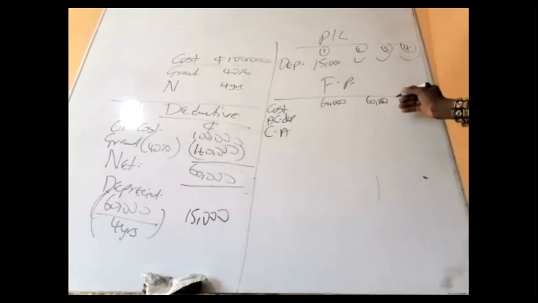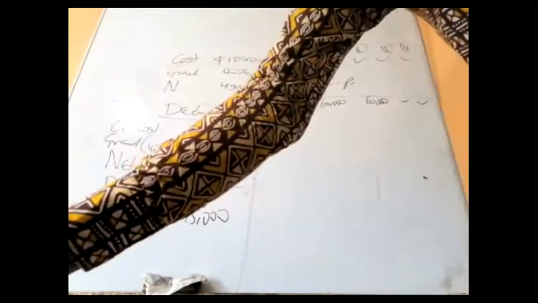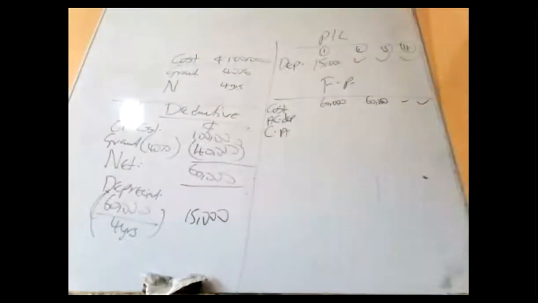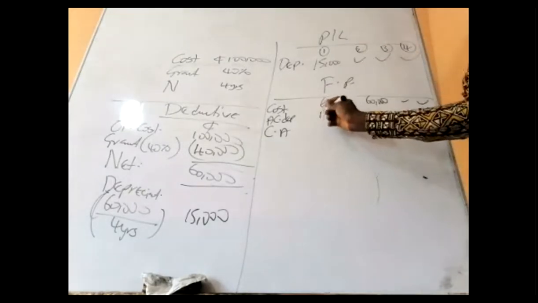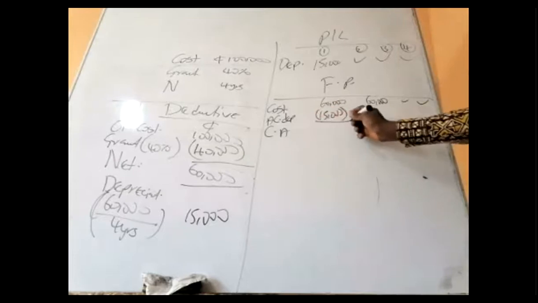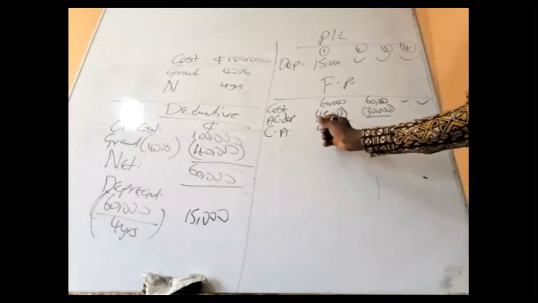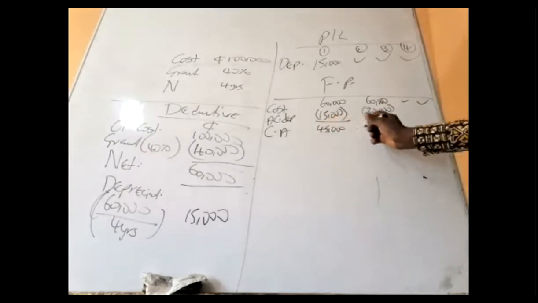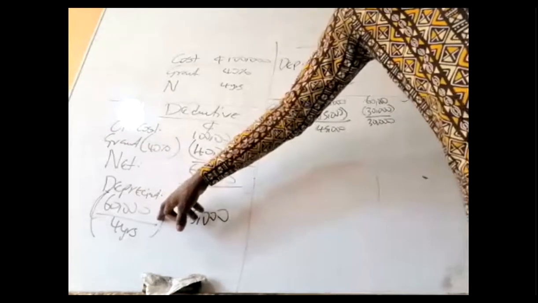Then we record the accumulated depreciation. Here we got 15,000, then 30,000, so continue. Here will be 45, here 30. If there's a scrap value, don't worry, subtract it from this 60.